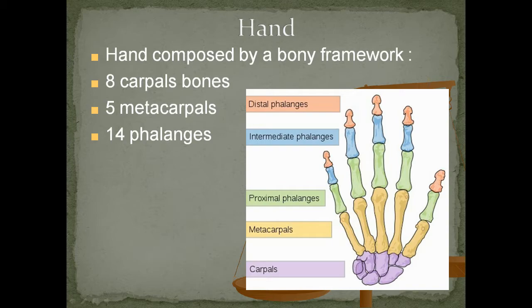In this picture, various colors are used to differentiate the bones clearly: carpal bones, metacarpals, proximal phalanges, intermediate phalanges, and distal phalanges.